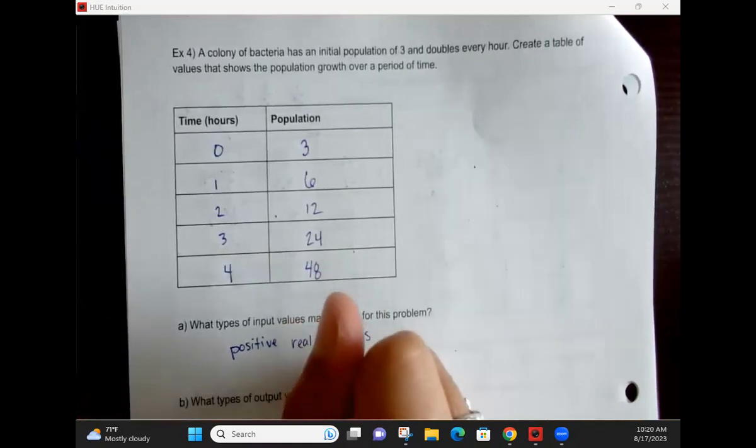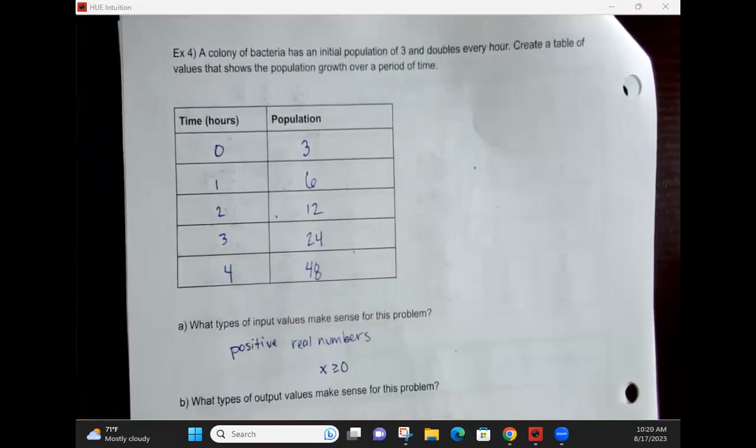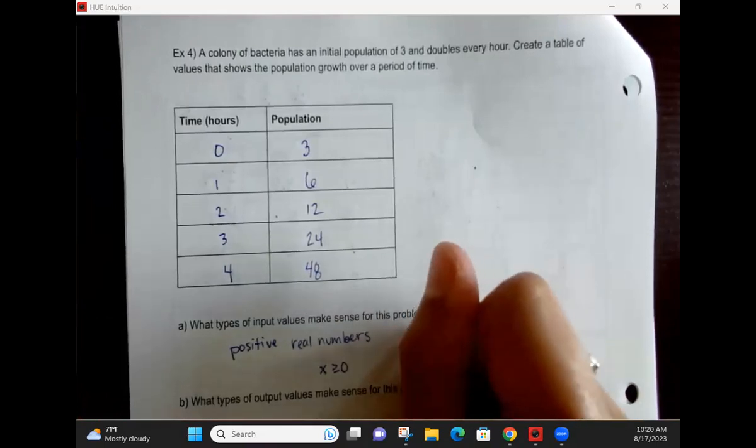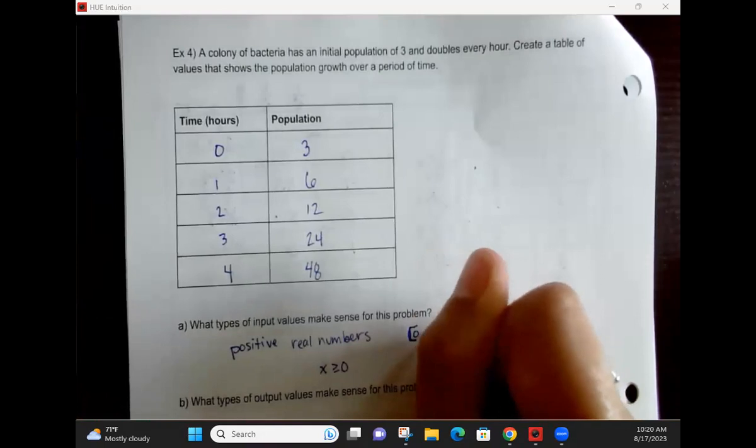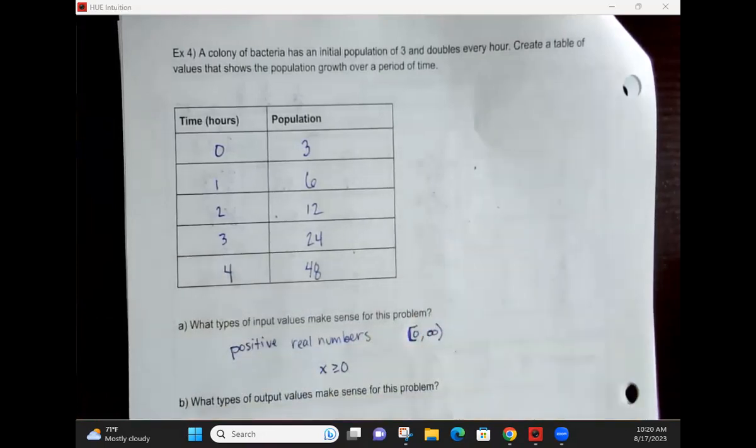We could say we want x greater than or equal to 0. We could use interval notation with a bracket at 0 this time, since we can include 0 in that range of values for our input.